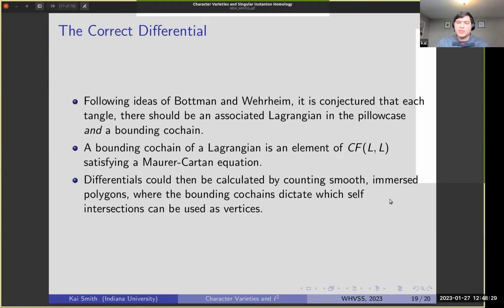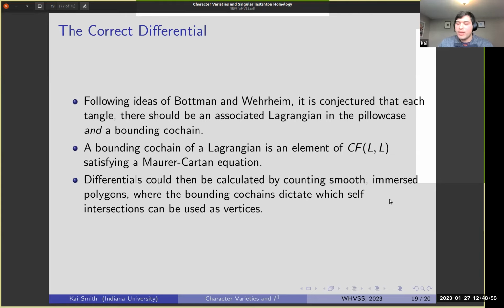And so in light of this perspective, the result on the previous slide could tell you that, even in this special case where you decompose into a trivial tangle and the rest of your knot, you're not always going to have trivial bounding cochains. If this strategy works out, there will be bounding cochains that you have to worry about and compute.